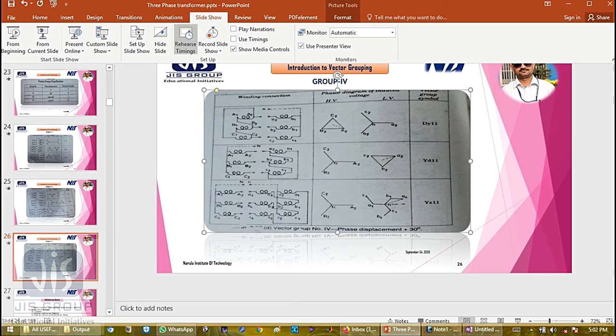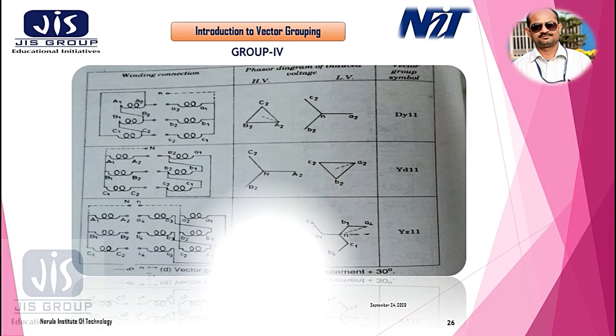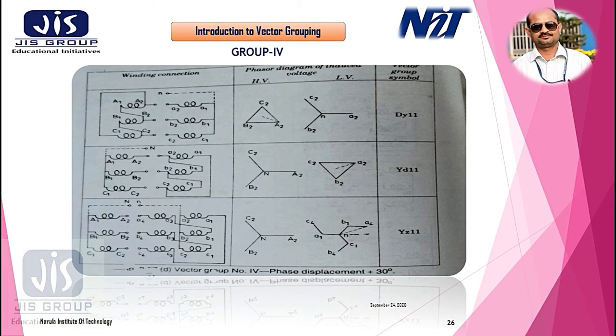So I think this is group 4. Yes. So this is my group 4 connection, that is the 11 position, meaning a 30° leading position. 30° leading position means plus 30°. That means anti-clockwise rotation is positive.